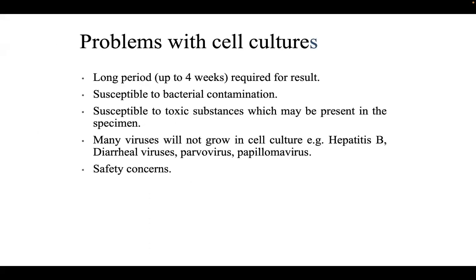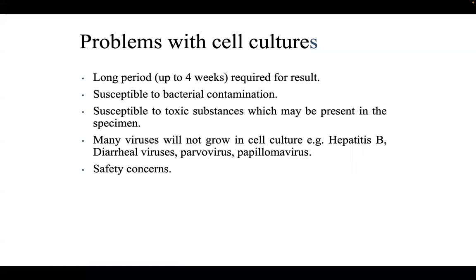So the challenges with cell cultures is that it takes long to get the result. And therefore, if you need a short turnaround time, it might not be the convenient method. So that's why they're mostly used for research purposes.